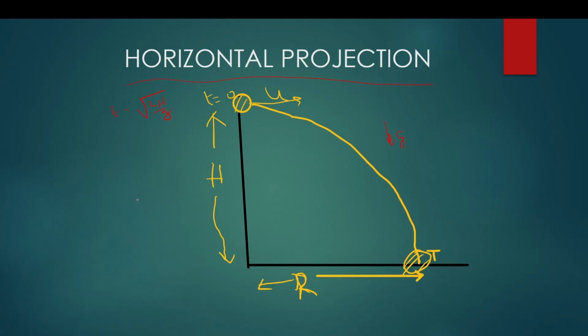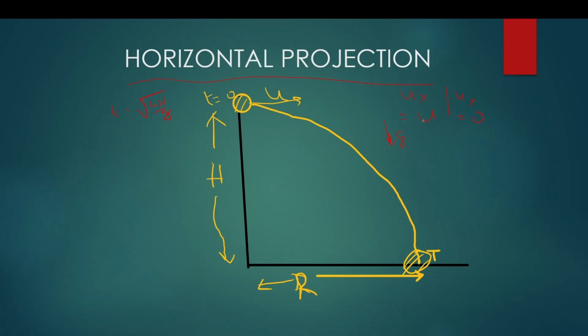Here two components of u are taken, ux and uy. Since it is moving under the influence of gravity, ux equals u and uy equals 0, since there is no y component here.